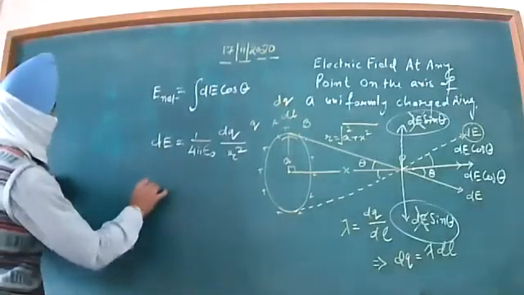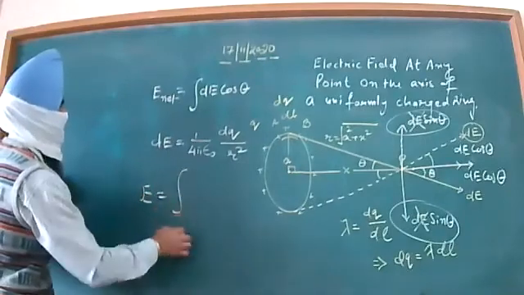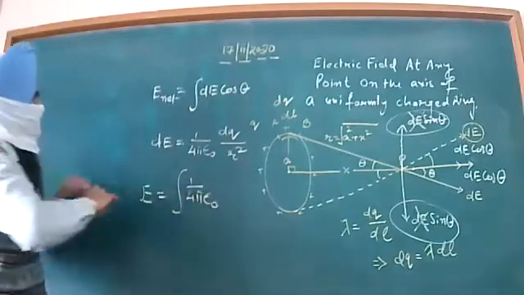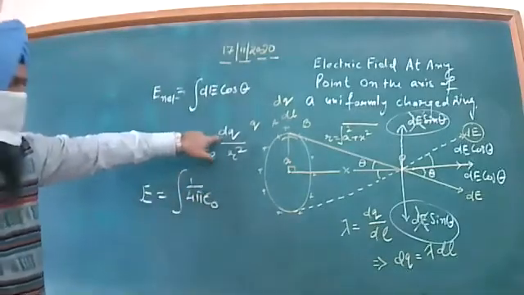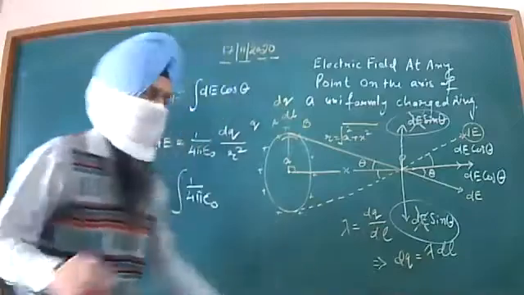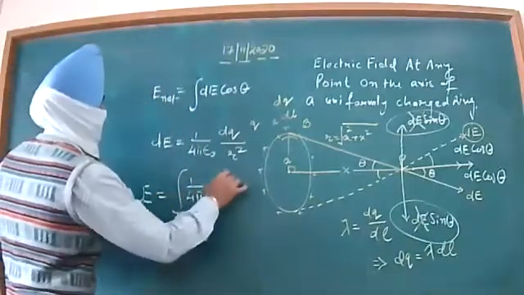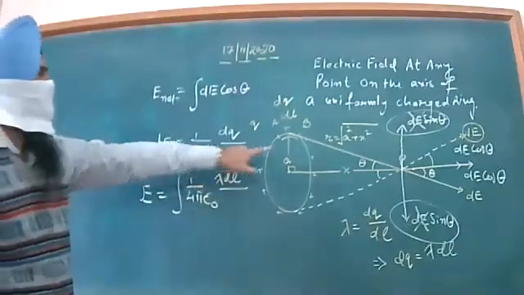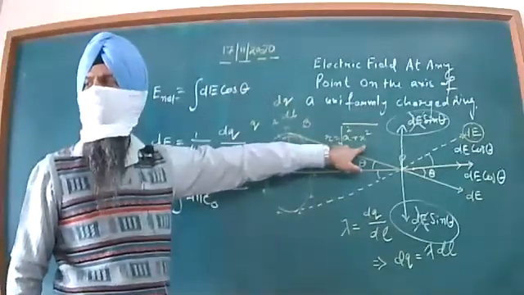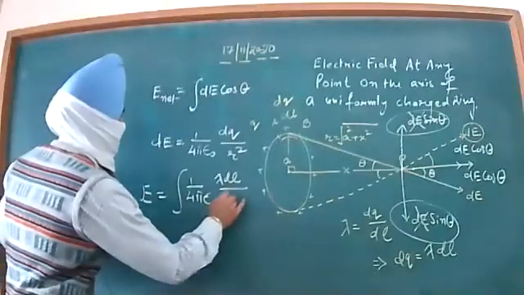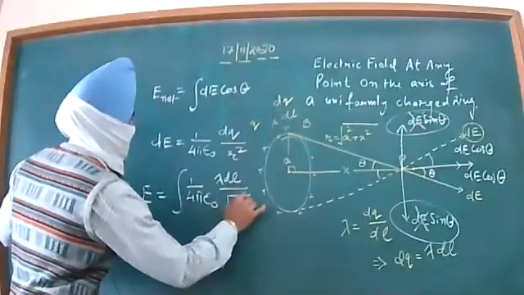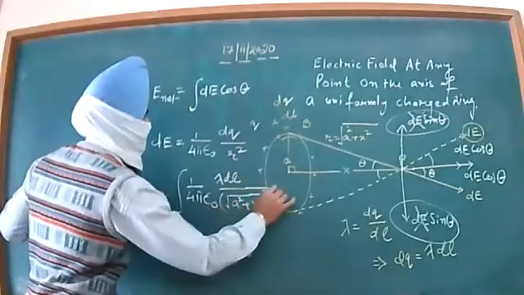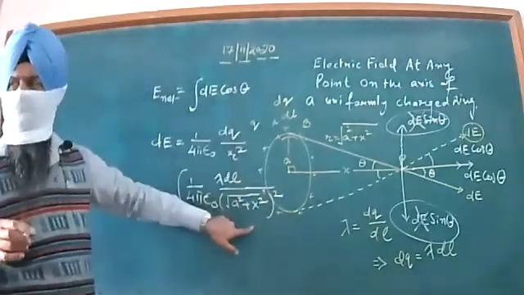So your net field intensity is the integral of 1 by 4 pi epsilon naught, dear children, dq. This is lambda into dl. We will substitute lambda into dl, and you can see the distance is the square root of a square plus x square, rather not r square, the complete square root, and squared.